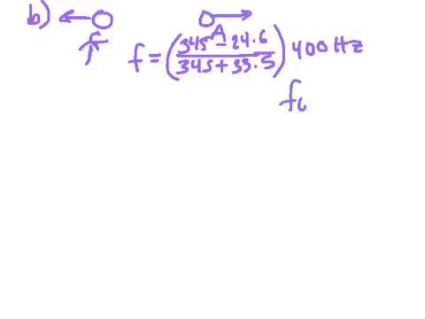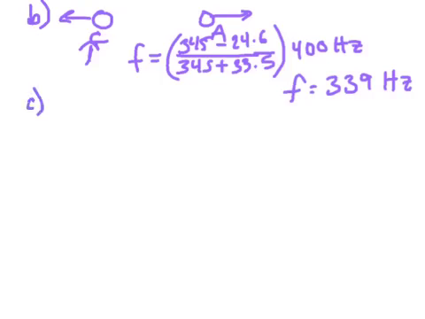It's going to give us a frequency of 339 hertz. Think mathematically: the numerator is getting smaller, the denominator is getting larger. That creates a smaller observed frequency, and if the source and observer are moving away from each other, that creates a smaller observed frequency.